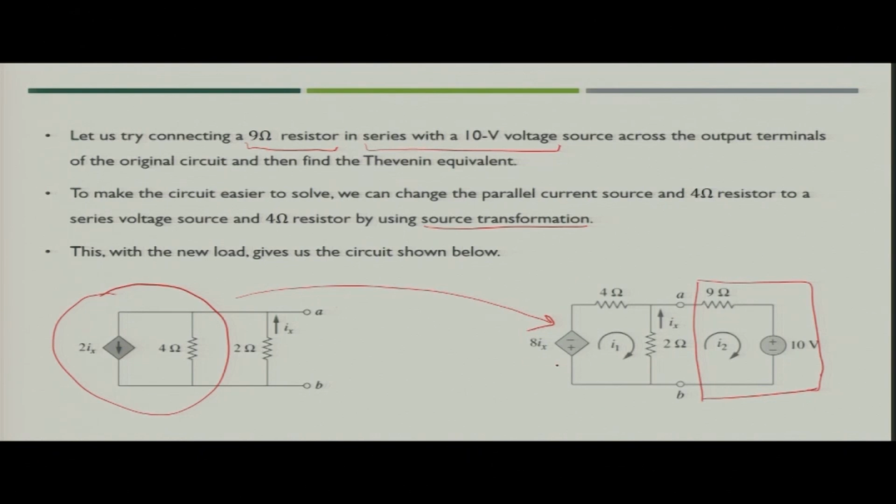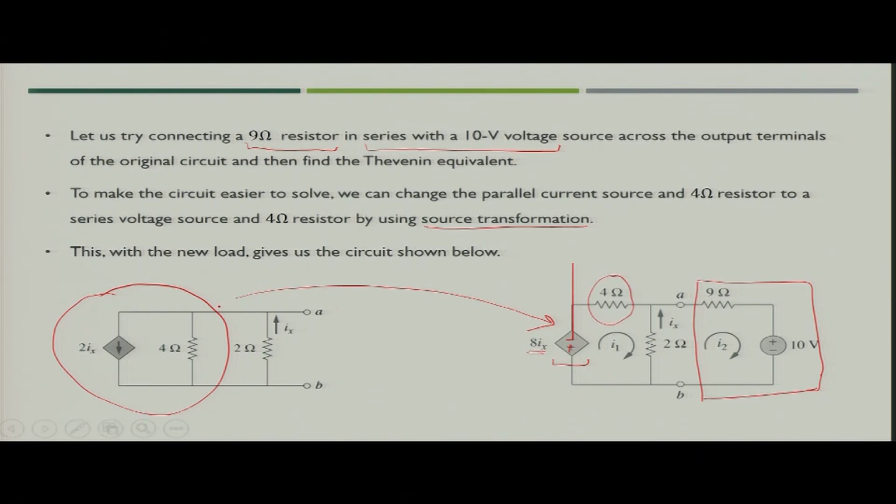So, what will happen in this case? The value of the voltage source, and that is definitely going to be a dependent voltage source, because this was the dependent current source, would become 2 into 4, that is 8 I x, and the polarity would be in the direction of flow of the current. So, the bottom sign is plus, the top sign is minus, and then in series with 4 ohm resistance.